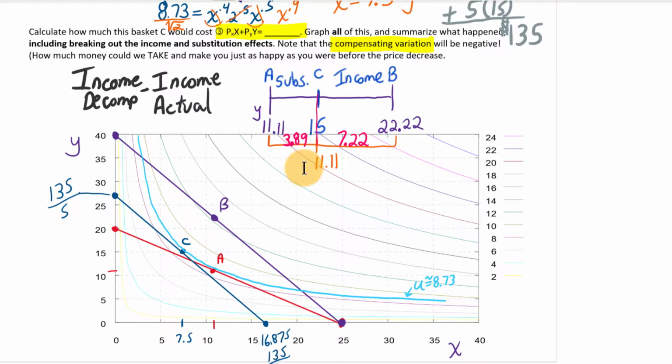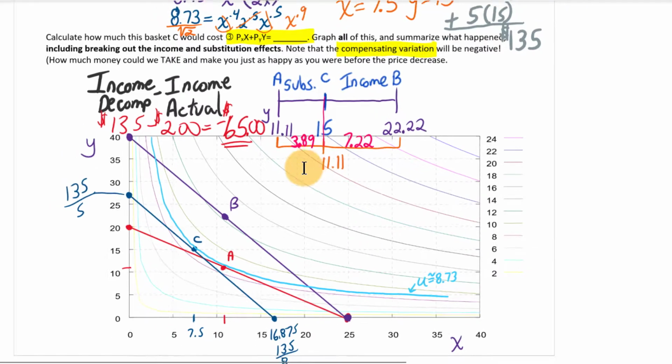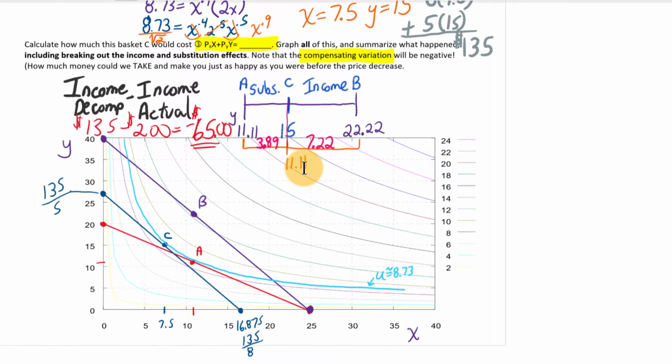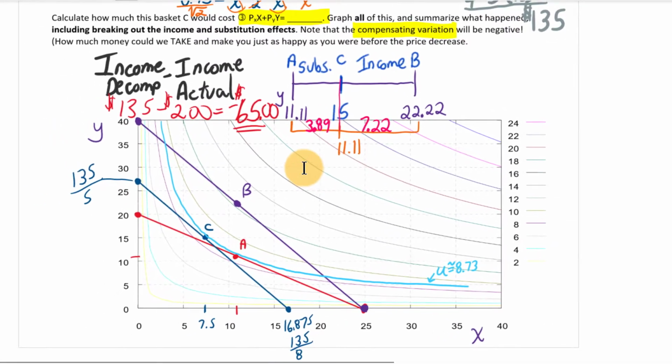And so here we'd have $135 minus $200, or $65 less. So if we wanted to change this person's income to make them just as well off as they were before the price change, we'd compensate them by taking $65 away to make sure that their utility had not changed. Kind of a little bit of a strange idea in this case.